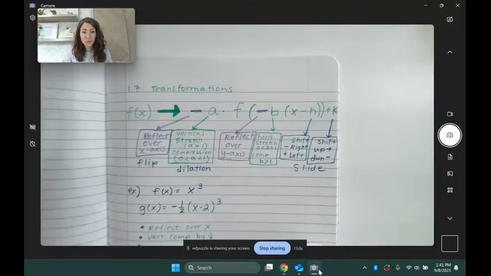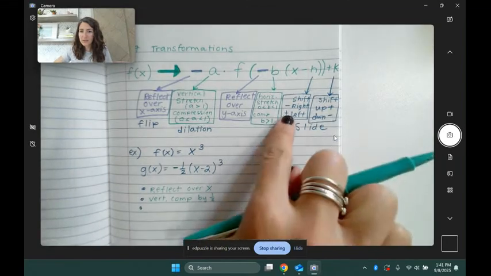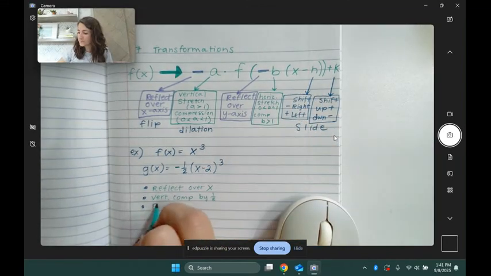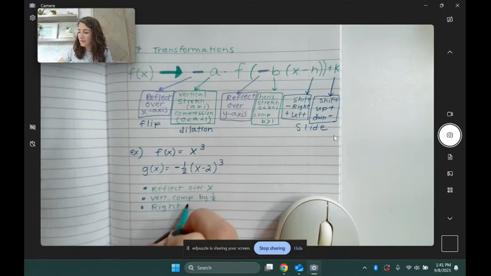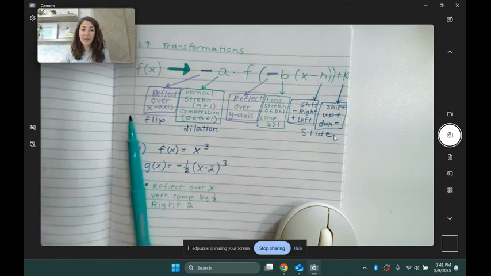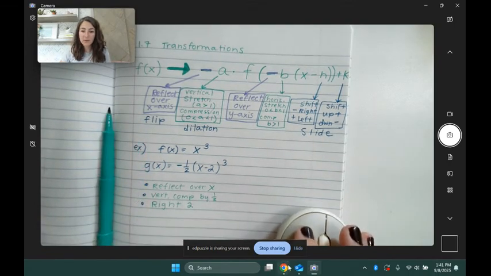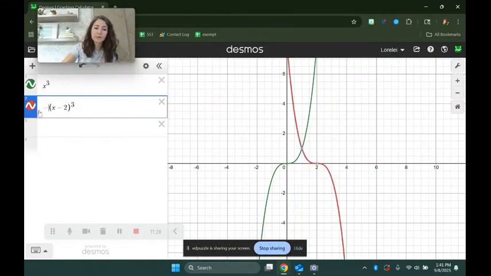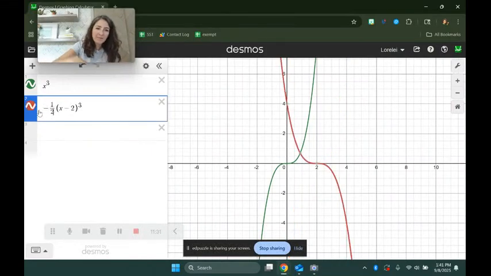Again, you can tell because that 2 was inside my parentheses and it's negative. To the right 2. Now, if we put those all together, then it'll have your full function. But I find it easier to look at one piece at a time. It's hard for me to look at this and say, these are the 3 distinct things that happened.